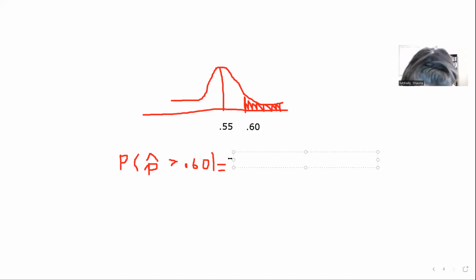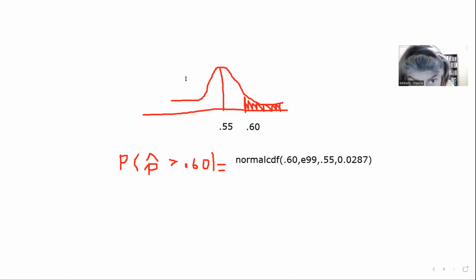So it's a normal CDF. Our left this time is 0.60. Our right is going to be positive infinity, E99. Our mean is the middle, which is 0.55. And our standard deviation is 0.0287. We do that, and we get our answer. Let's go to the calculator and compute it.